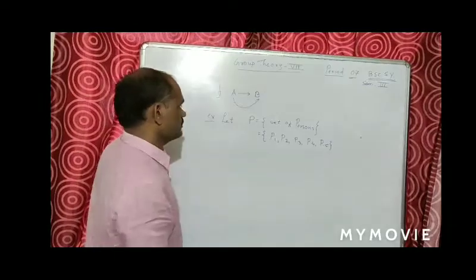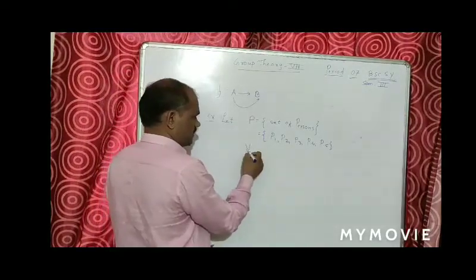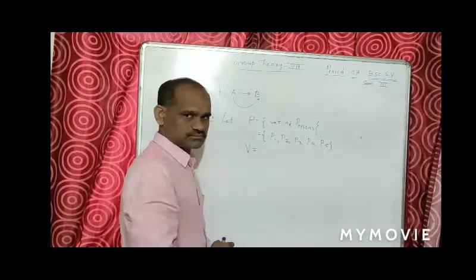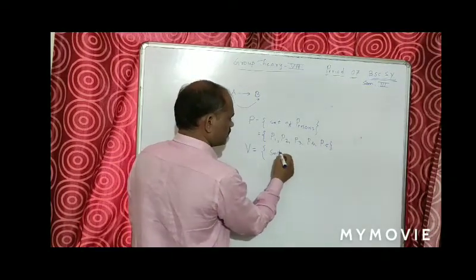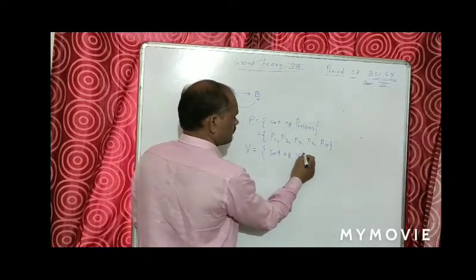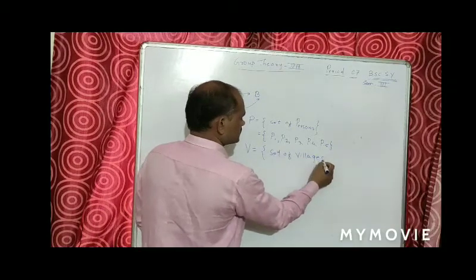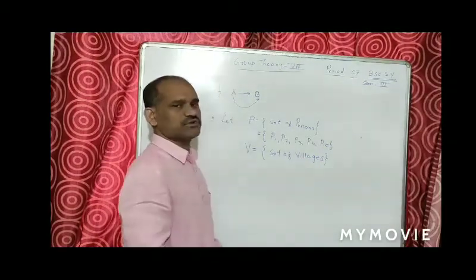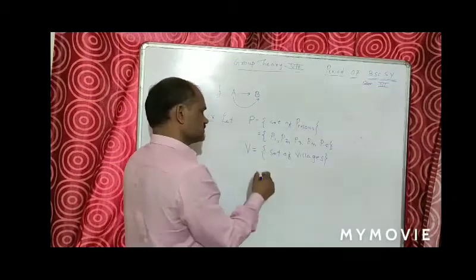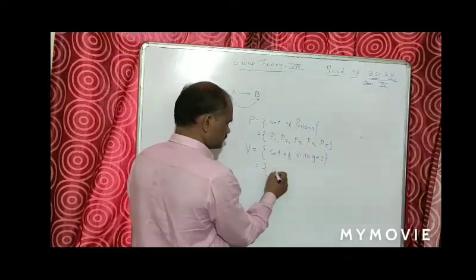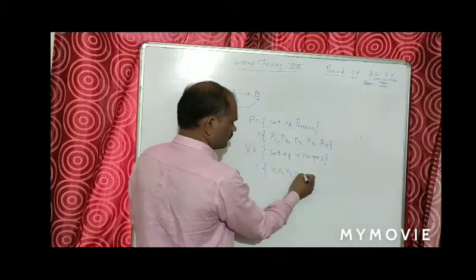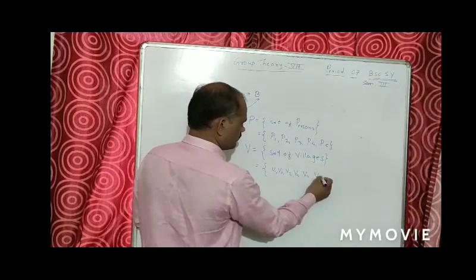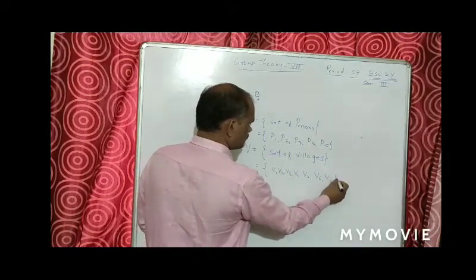And the second set is capital V, a set of villages. We take here 6-7 villages: V1, V2, V3, V4, V5, V6, V7.